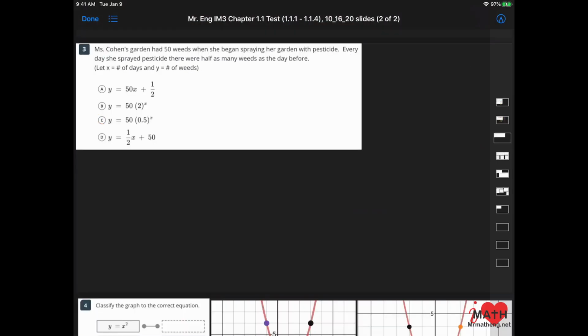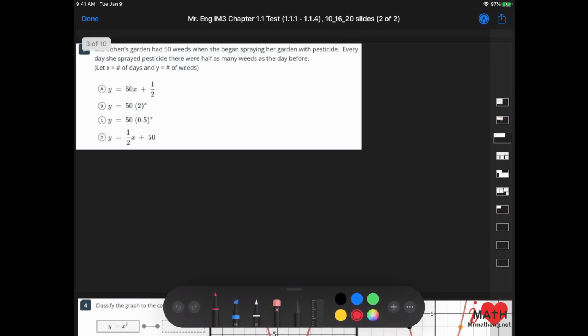Alright, question number 3. Miss Cohen's garden had 50 weeds when she began spraying her garden with pesticide. Every day, if she sprayed pesticide, there were half as many weeds as the day before. Let X be the number of days and Y be the number of weeds. So remember we said they should have used herbicide, but here is very telling.